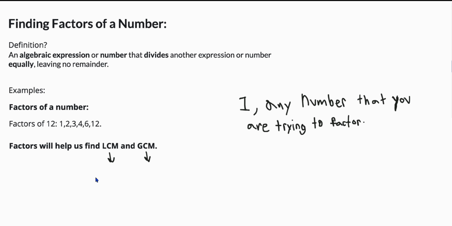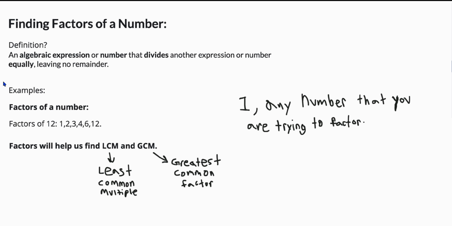These are going to be in future videos. LCM is known as least common multiple, and GCF is called greatest common factor. All right, so with that out of the way, let's move on.